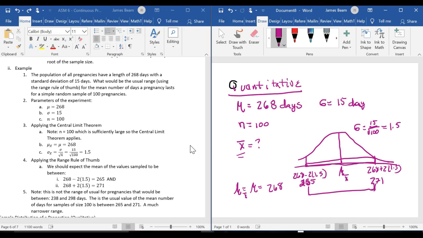And anything beyond that is an unusual sample. It's either got too many that are way too long or too many that are way too short. Now, if you notice, this is a really tight interval. This only has a difference of 6 days.